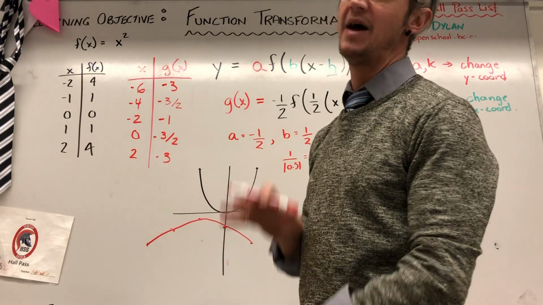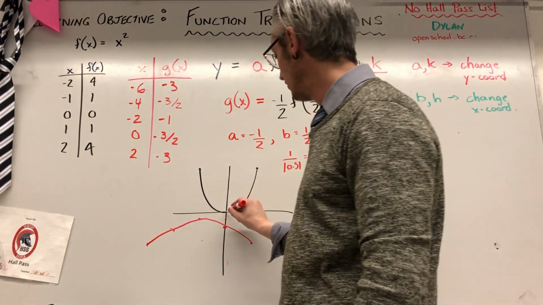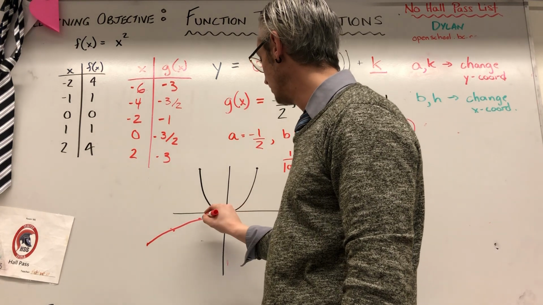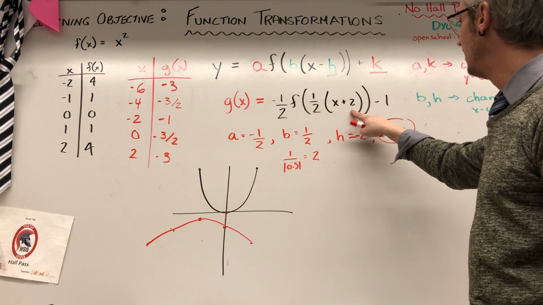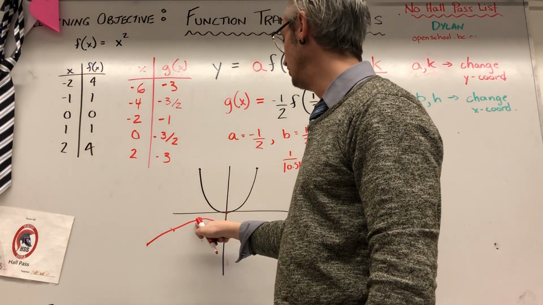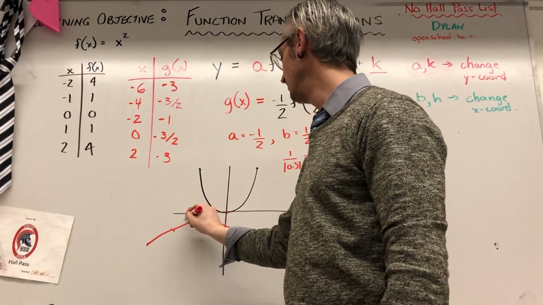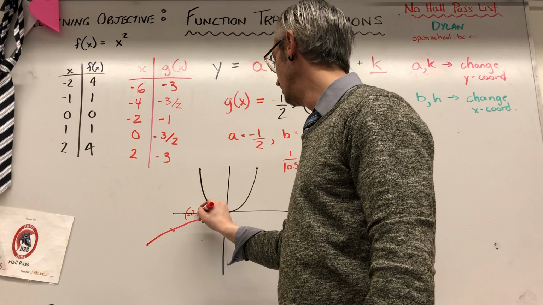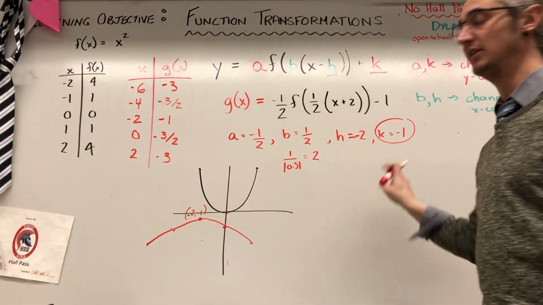Yes, I'm half as tall now. And my original vertex was 0, 0, and based on my H and K, I should have moved it left 2 and down 1. So my vertex now is -2, -1, and that links up with this perfectly.